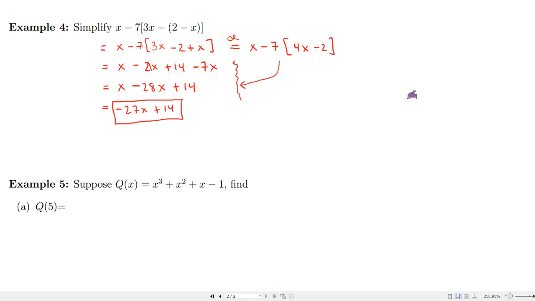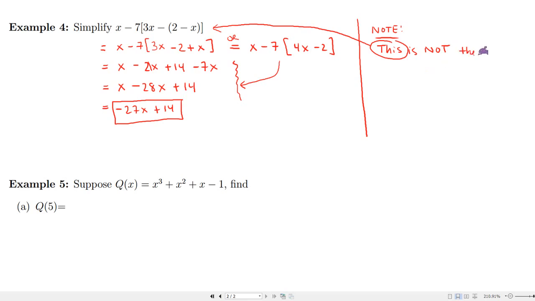But one thing I just want to point out is note, what we're writing right there is not the same as writing this.